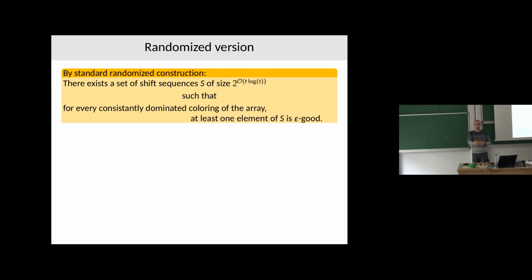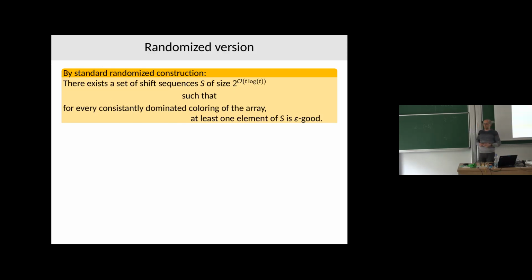And if there is a large number of such, then a random choice would give that there exists a set of shift sequences of relatively small size, such that for every consistently dominating coloring of the array, at least one element of S is epsilon good.